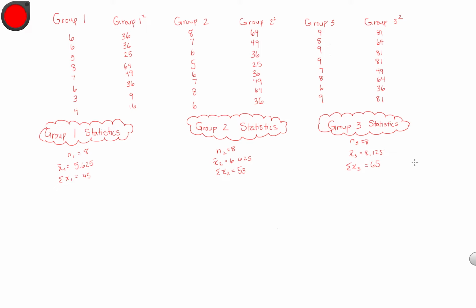All right, we have a couple more terms to find within each group, and then we can get to the between group differences. So we need to find sigma x sub 1 squared over n1. Now this is just taking 45 squared over 8.